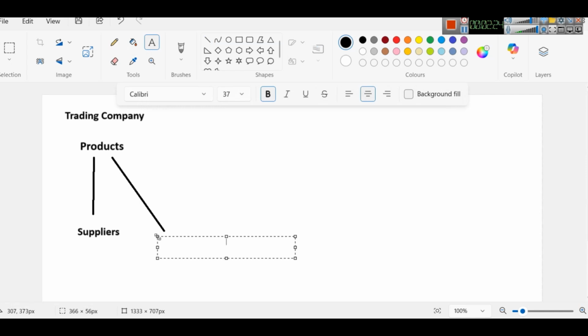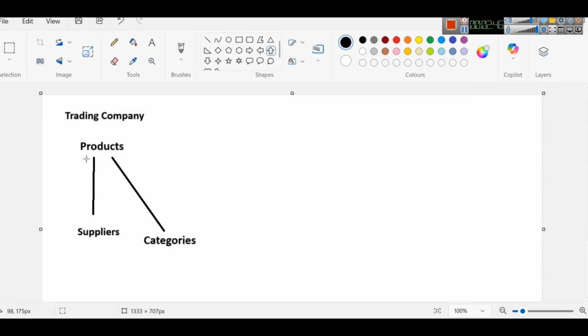Like if you have seen the Amazon website or Flipkart, there you will find many categories, like electronics, furniture, books, etc. So first of all, is this much of the relation clear to you? That suppliers are supplying these products, and these products are of different categories. Is this clear or not?